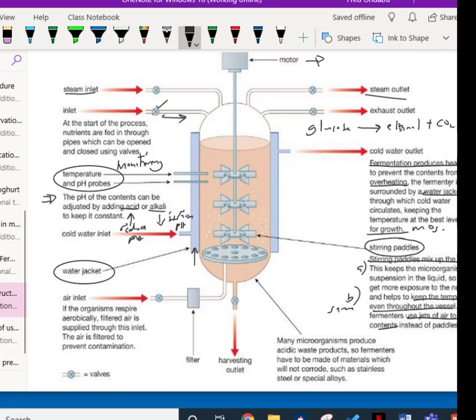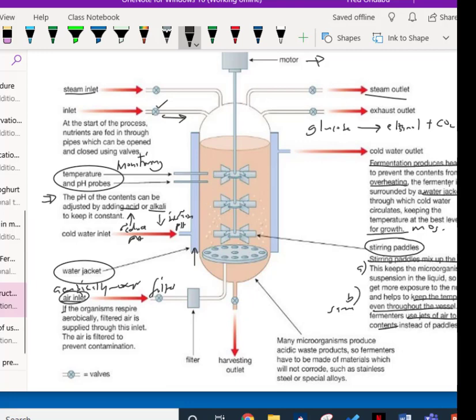Now, there is an air inlet. If organisms are aerobic, those that respire aerobically, they will need oxygen. So for oxygen to come in, we need an air inlet. The air inlet contains a filter, so that the air coming in should not be carrying microorganisms.